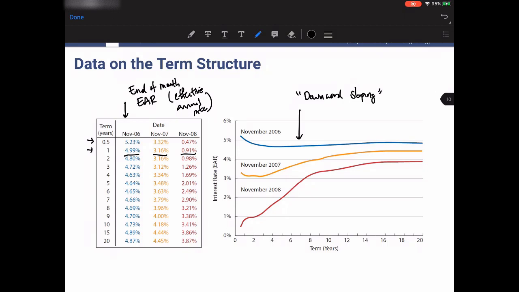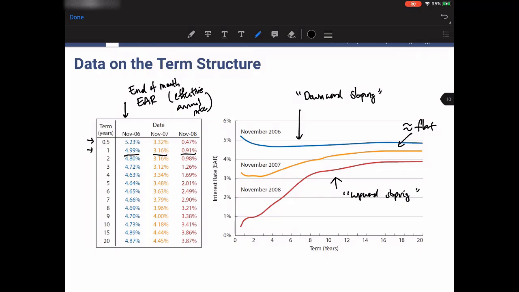In November 2007, it's more or less flat, so I'm going to write flat. And in November 2008, we have an upward sloping yield curve.